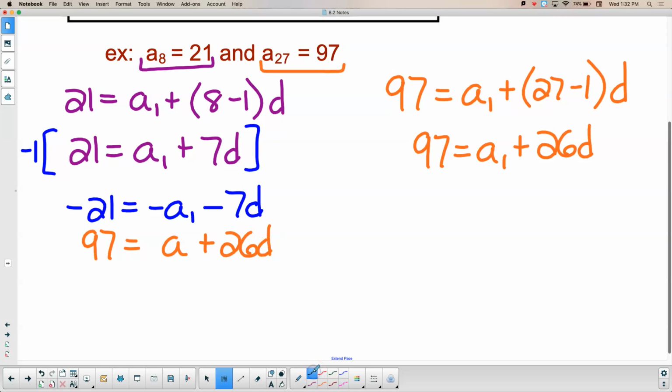What do you got? What happens? With just D, right? Yeah, because the a sub 1s cancel each other out.